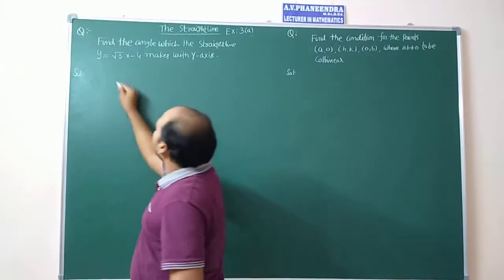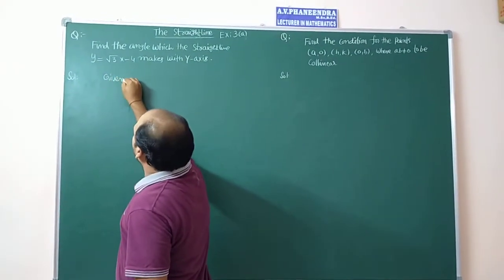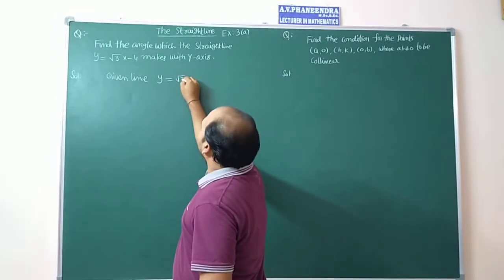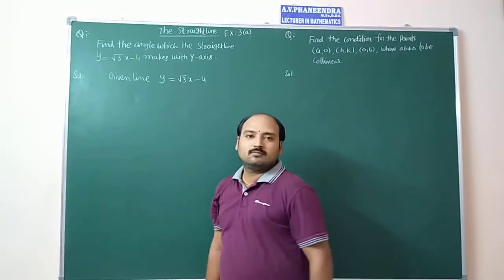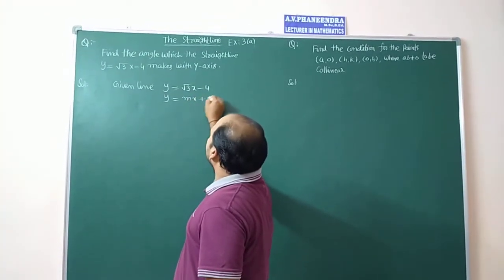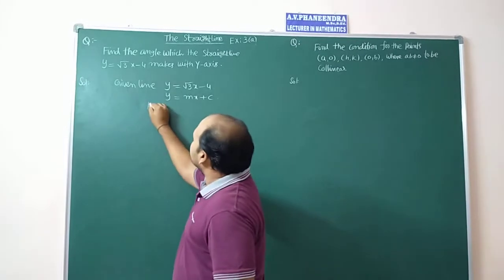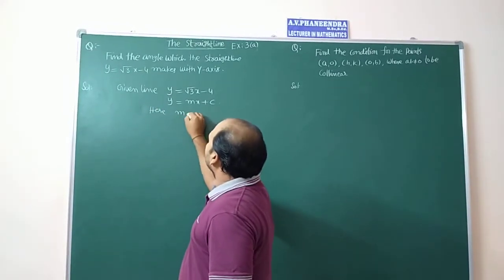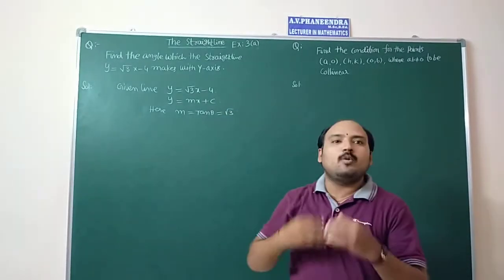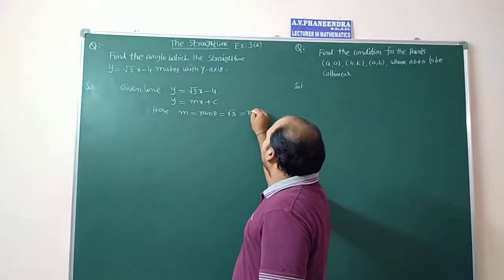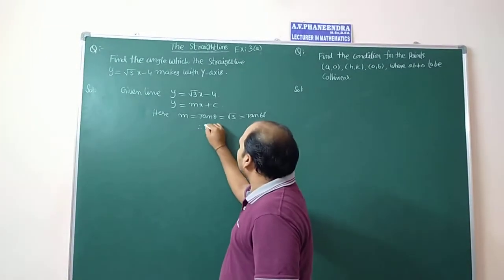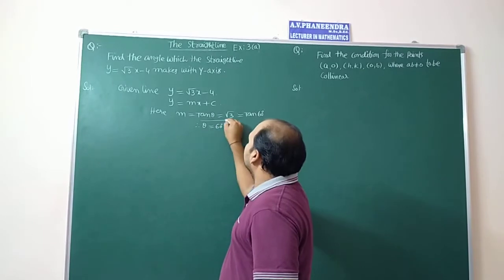So from the given line y is equal to root 3 x minus 4, we compare with y is equal to mx plus c. So here m is equal to tan theta, which is equal to root 3. Tan theta is root 3 when it is tan 60 degrees. So theta is equal to 60 degrees.